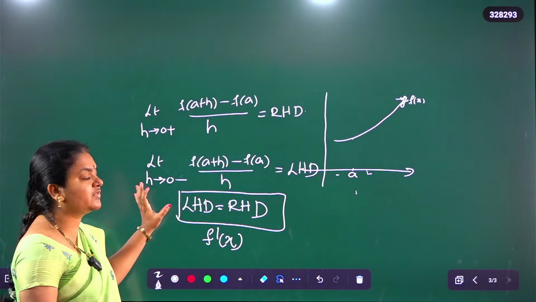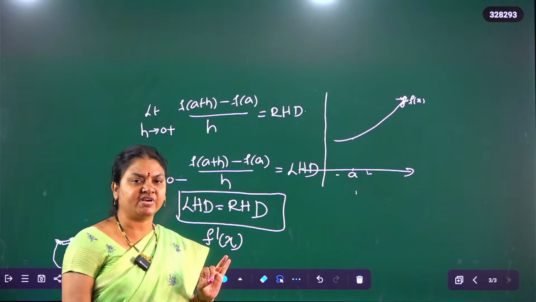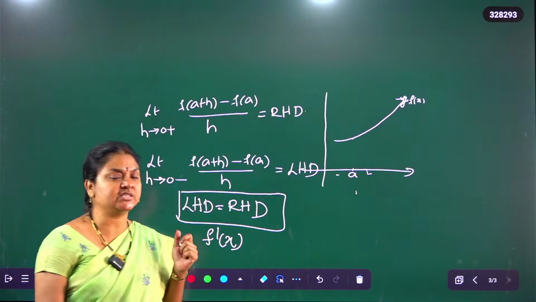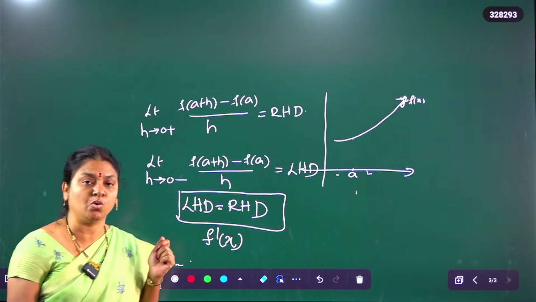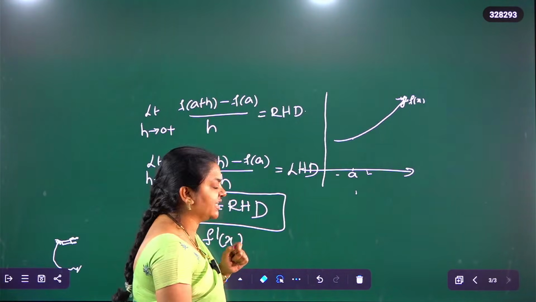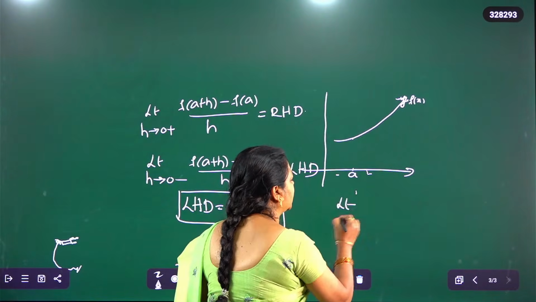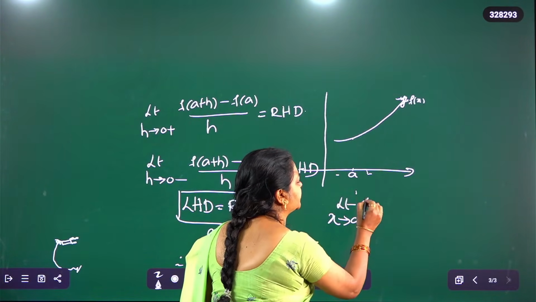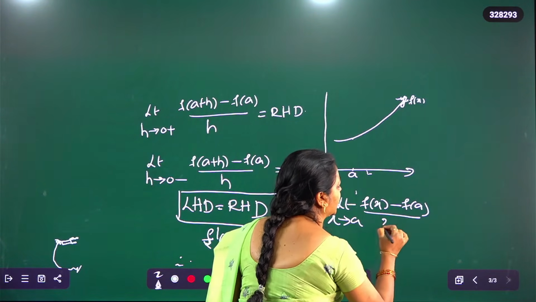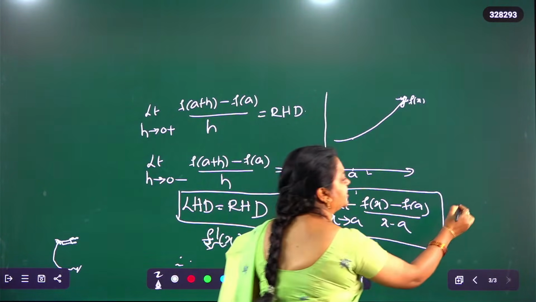This is one of the important concepts. So we learned the definition of derivative and some property, that is, left hand derivative is equal to right hand derivative. And one more thing: instead of limit h tends to 0, f of a plus h minus f of a by h, we can also say like this, because h tends to 0.